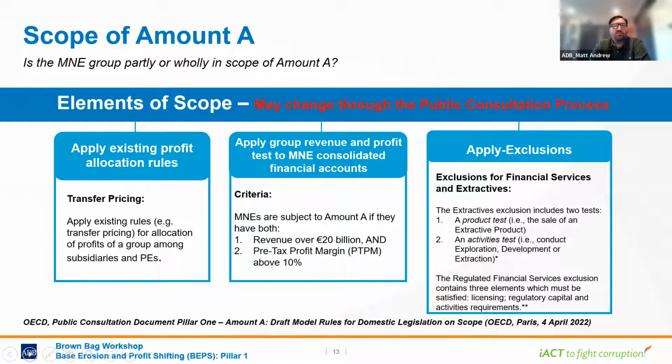So it is considering whether there needs to be an anti-fragmentation rule to stop any multinationals avoiding amount A. And this also includes a principal purpose test as part of the internal fragmentation rule. If we go to the next slide, please.